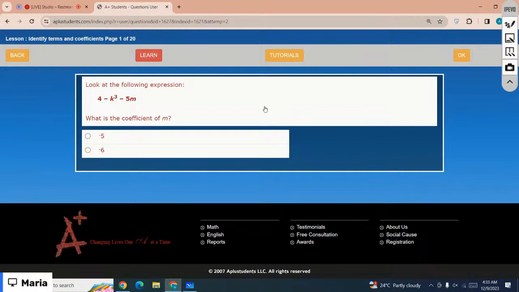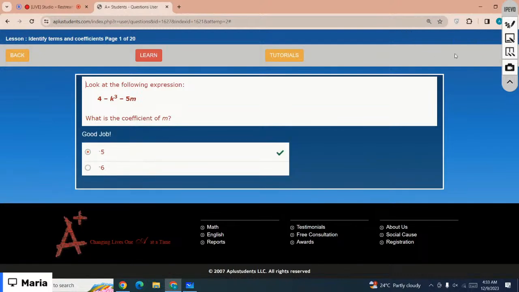A coefficient is the number that is written right before the variable. So see which coefficient is with m. Just see here you have -5. So the correct option is -5. The coefficient of m is -5. Got it?